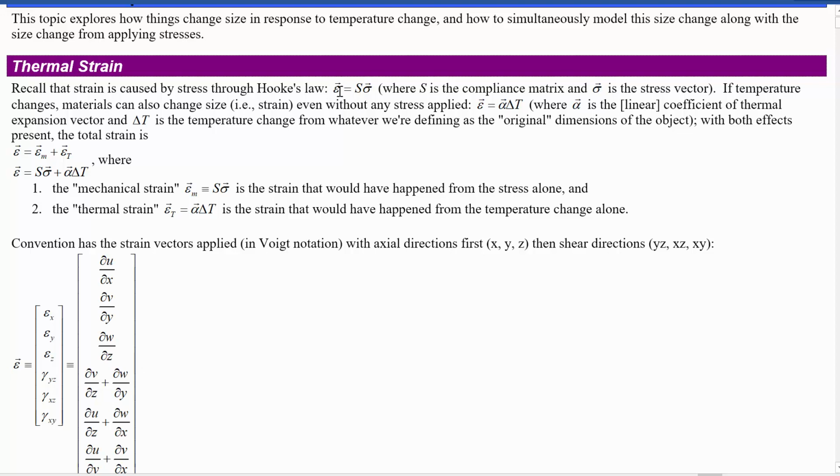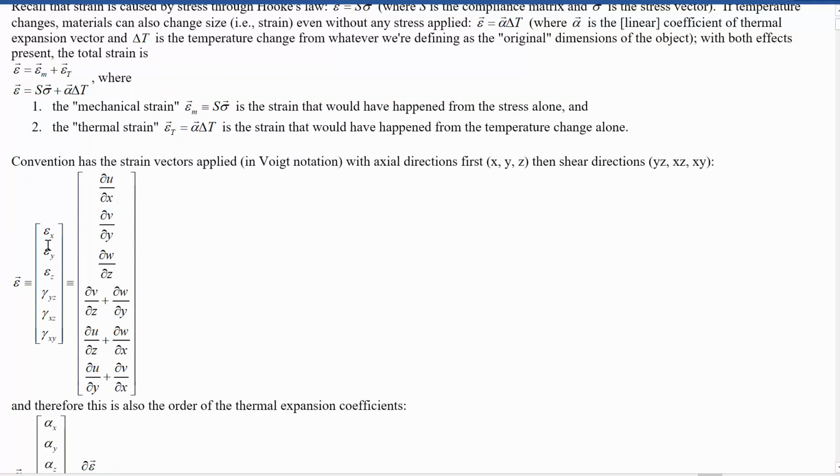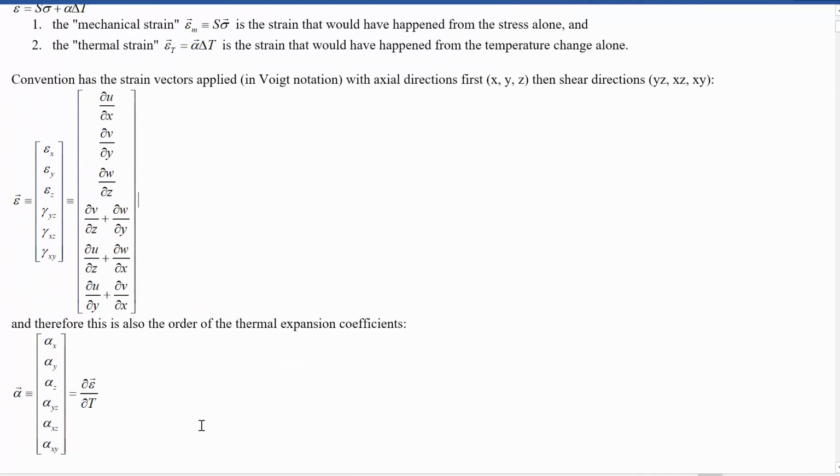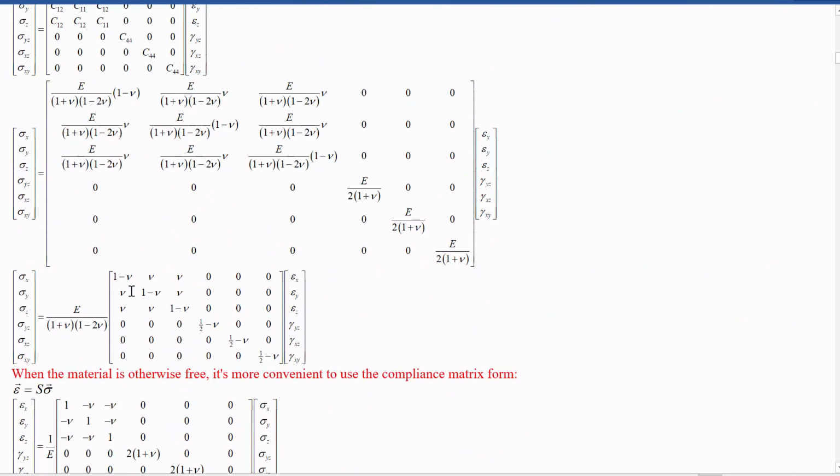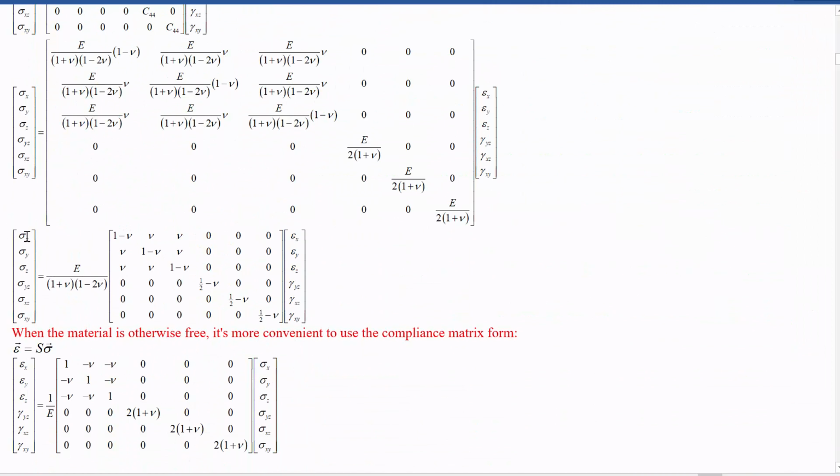That is, the strain epsilon is caused by stress sigma through Hooke's law, which is a linear relationship. So if epsilon is a vector of the strain components in the axial and then the shear direction, using Voigt notation, that would make it a 6x1. And the stress is also a vector of size 6x1 that includes the axial stresses in the first three and then the shear stresses in the other three.